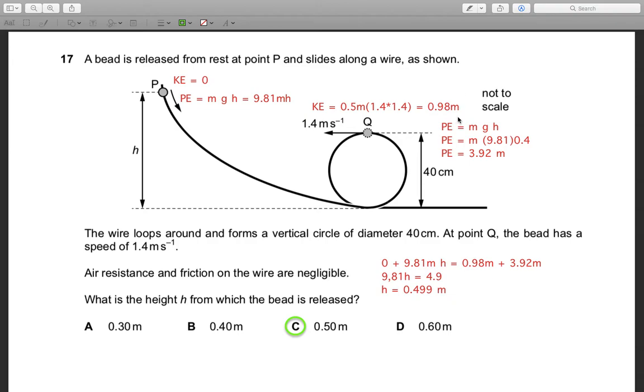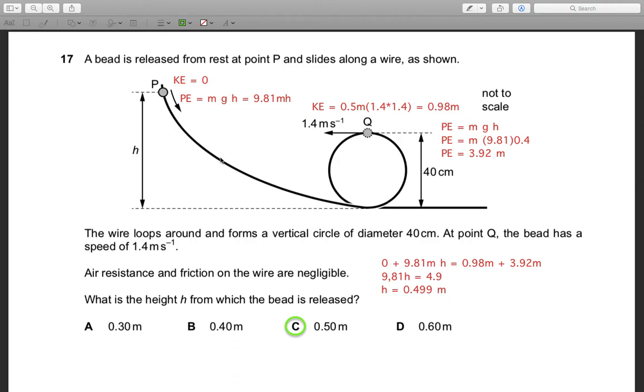So the potential energy also equals mgh. g is 9.81 and h equals 40 centimeters. We change into meters, so this becomes 0.4 meter. So we calculate 9.81 times 0.4, which is around 3.92 m.